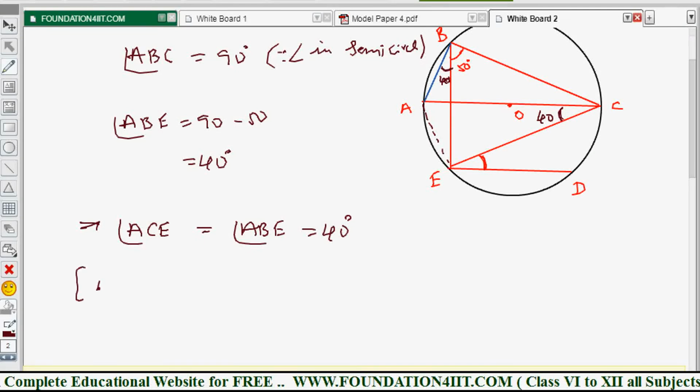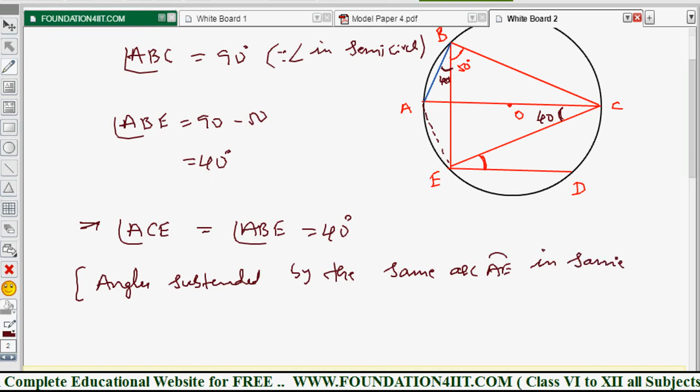The reason I am writing is: angles subtended by the same arc or same chord, here the arc is AE, in the same segment are equal. That's why angle ABE and ACE are 40 degrees.